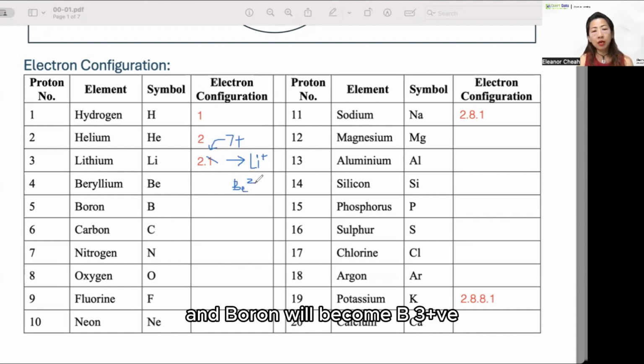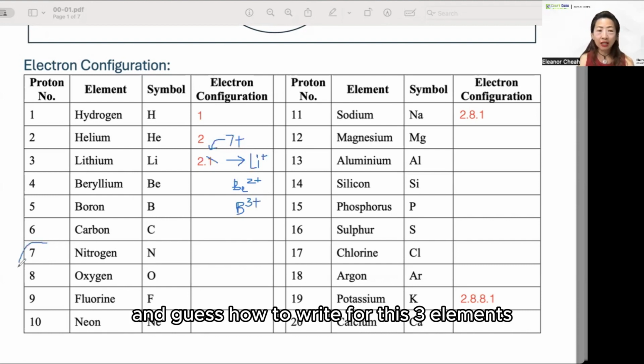And boron will become B 3 positive. Can you try to write the ion for nitrogen, oxygen, and fluorine?